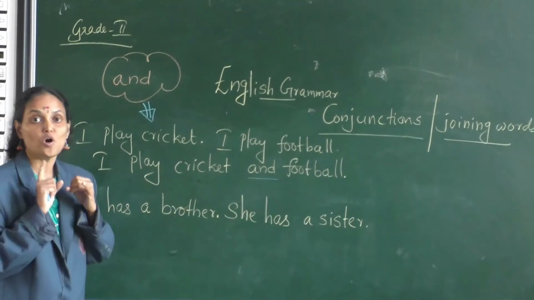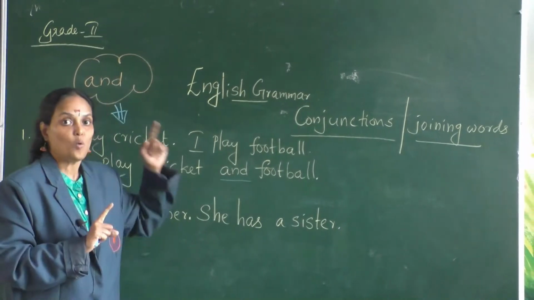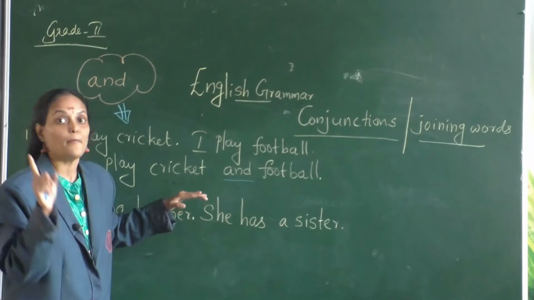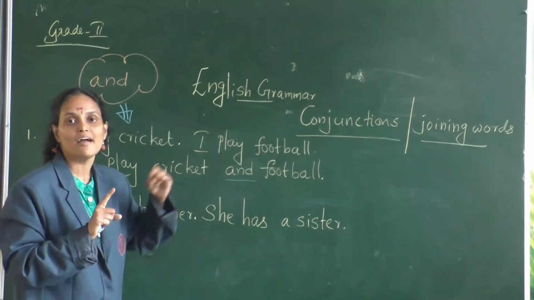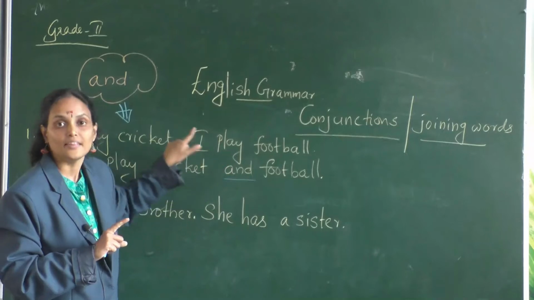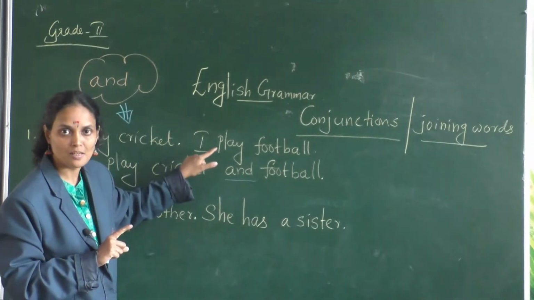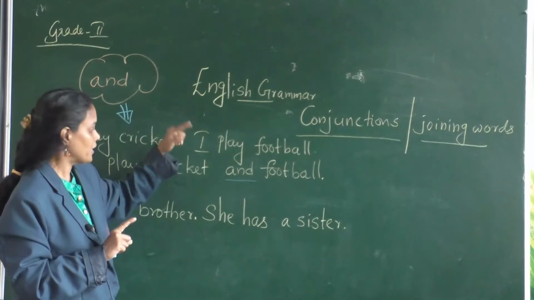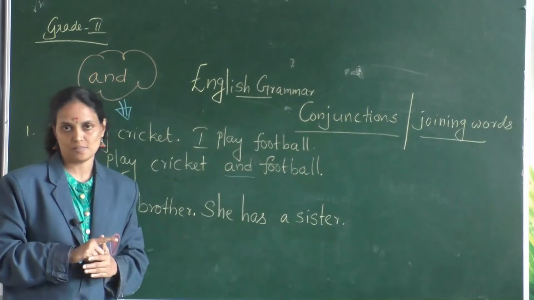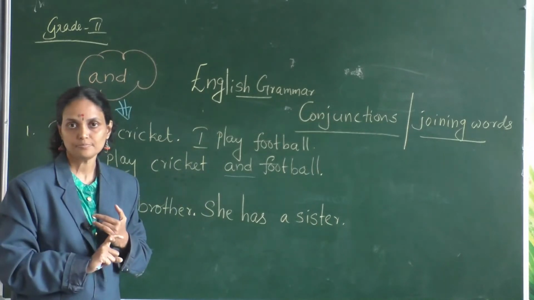No. We should not change the meaning or tense of the sentences while combining them into one single sentence by using the conjunction and. Two different sentences, they are in simple present tense, positive sentences. While combining them, they are retaining the tense and meaning as it is, using the conjunction and.